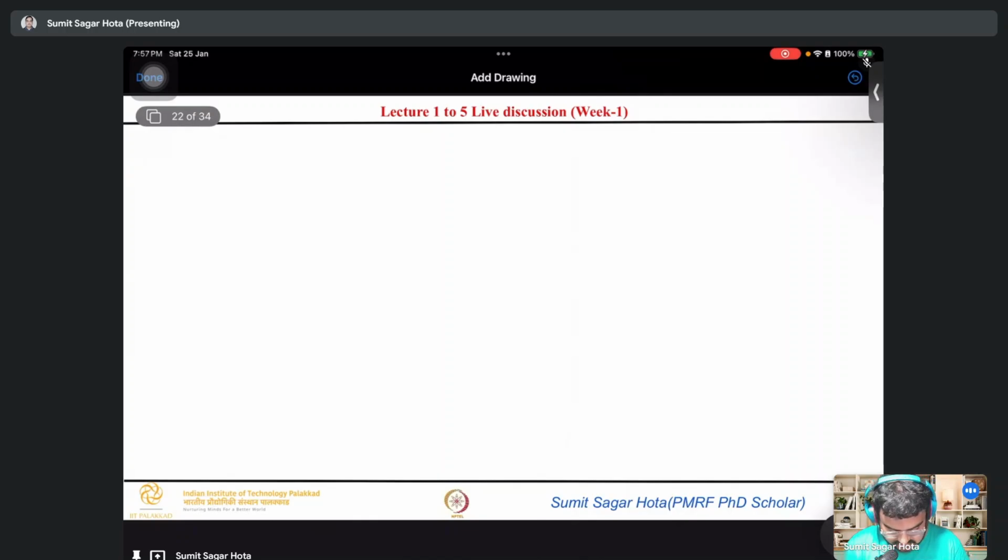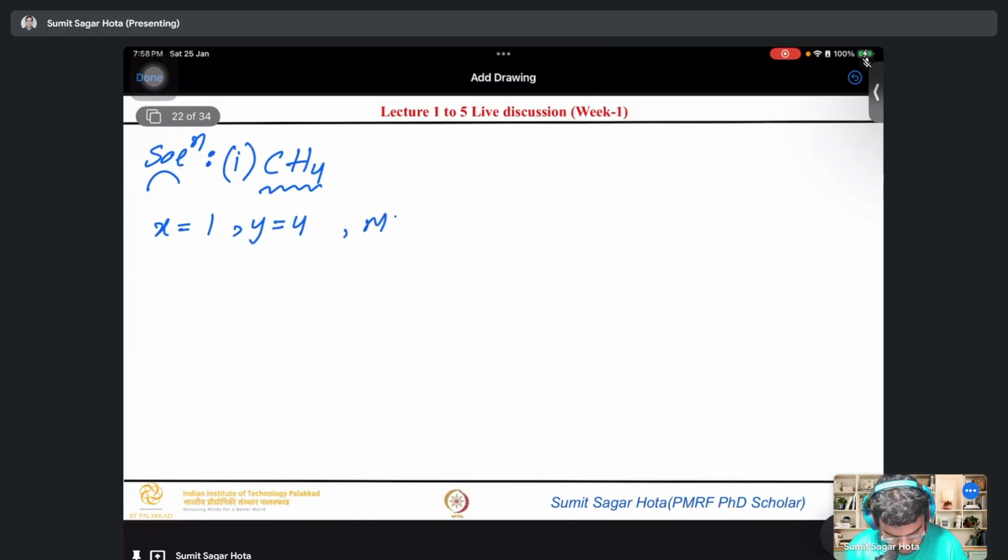Okay, let's start the solution. For methane, x equal to 1, y equal to 4. Molecular weight of the CH4 is 16.043 kg per kilomole.